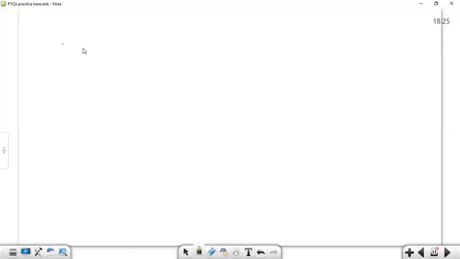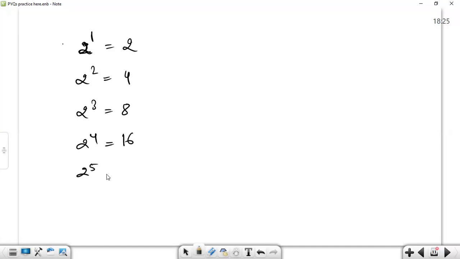So first of all, let's talk about powers. Let's talk about 2's powers. We know it well. 2 raised to power 1 means 2. Then 4, then 8, then 16, then 32.